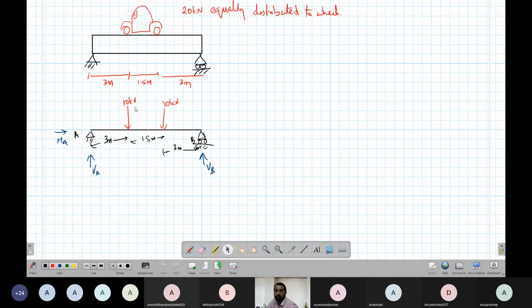So this is the problem. The problem is defined like this. We simplify it to a one line diagram, also known as a single line diagram. Now we have to find HA, VA, and VB.